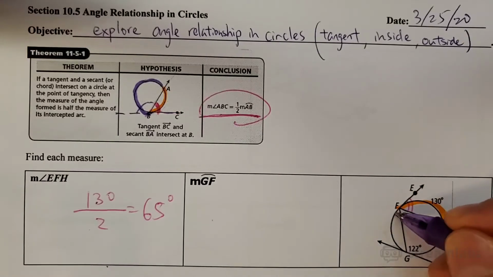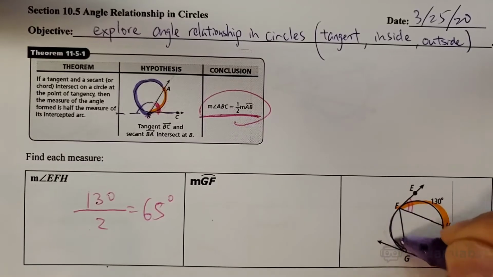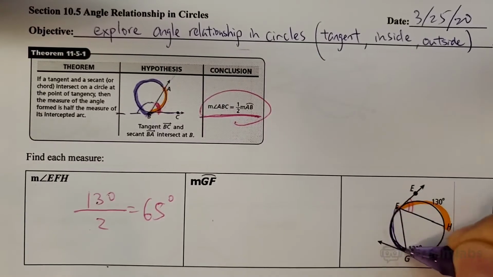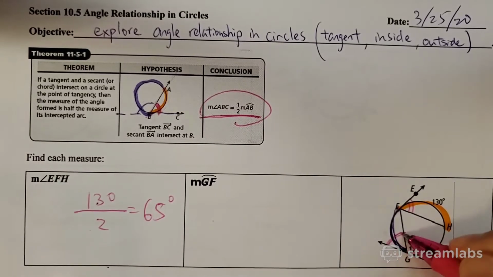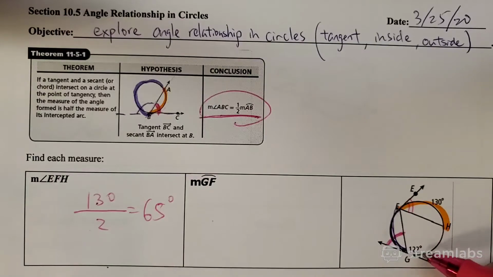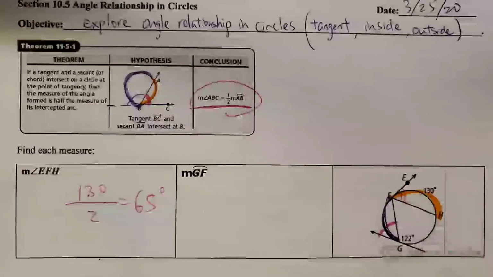So then, the next part is GF, which is this arc measure right here. Now, to find that measure, I need to find this angle here, because this is a tangent angle of this arc. So, what is this 122?